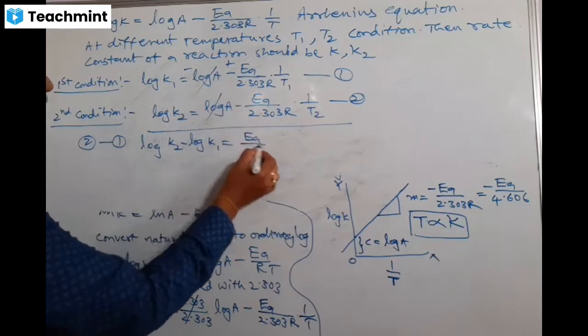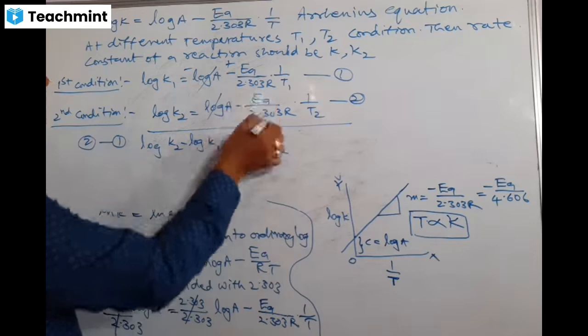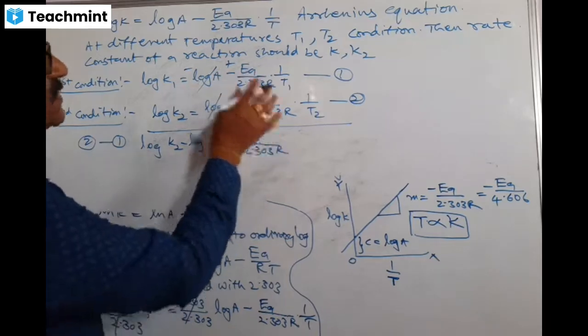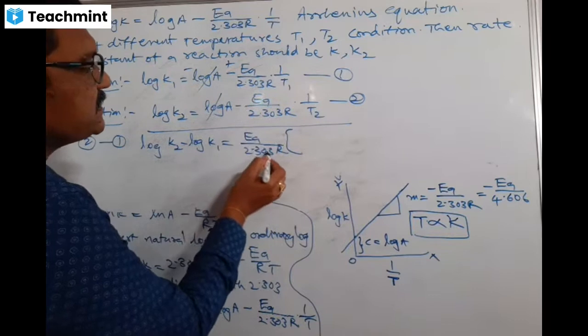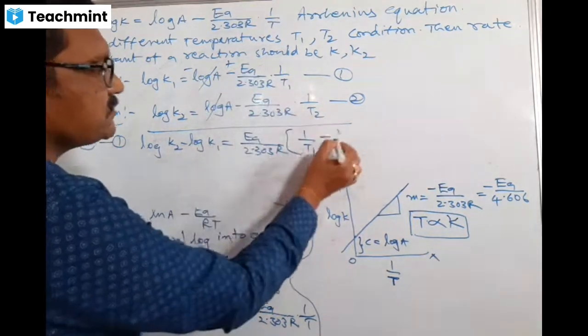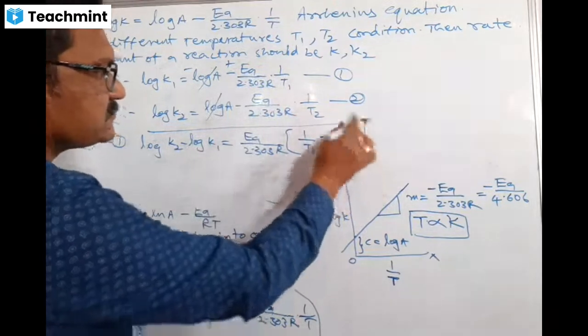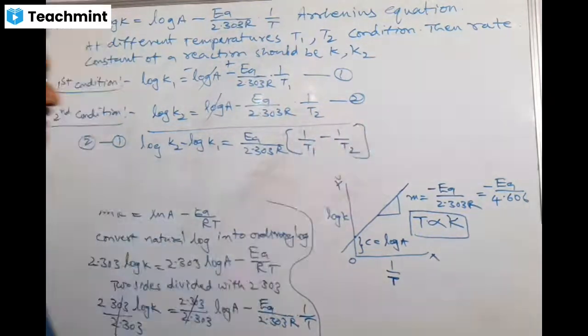So EA by 2.303 R is a common factor in these two conditions. So take it common: minus EA by 2.303 R into 1 by T1 minus 1 by T2. We get this relation.